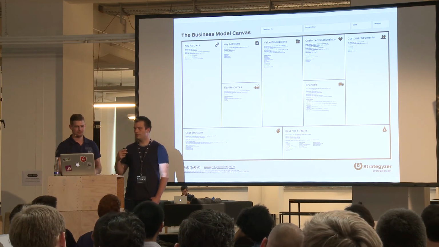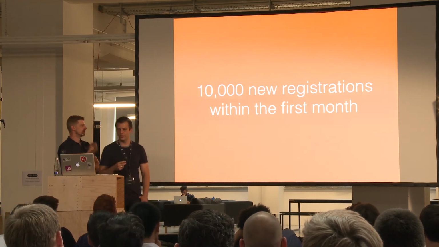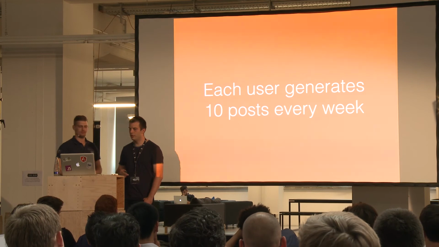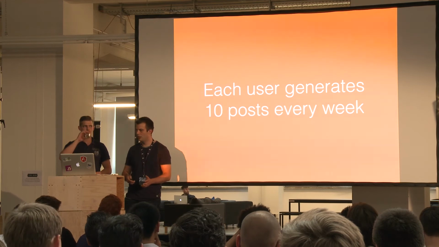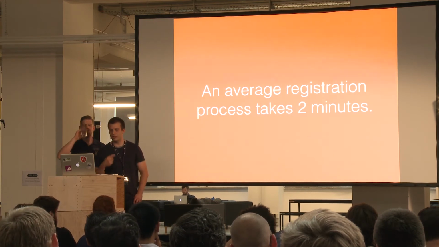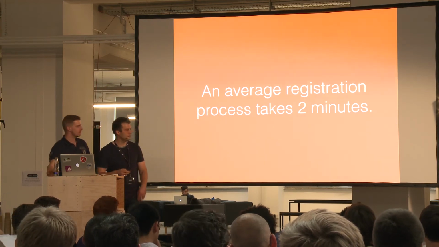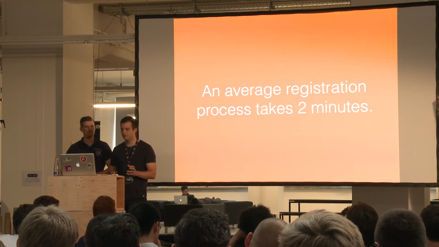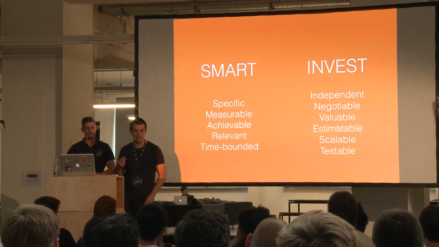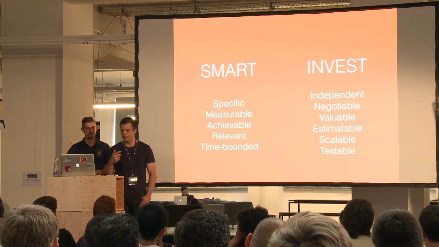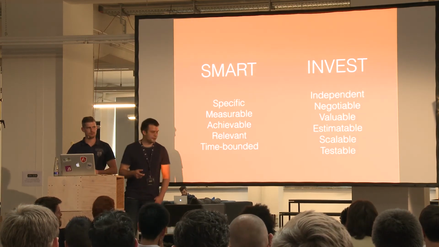One of those assumptions could be, I want 10,000 new registrations within the first month. Or each user generates 10 posts every week, if it comes to data generation. Or an average registration process takes 2 minutes. What they all have in common is that they're very specific and measurable. And when forming those hypotheses, they should be either SMART or INVEST, which is nearly the same.